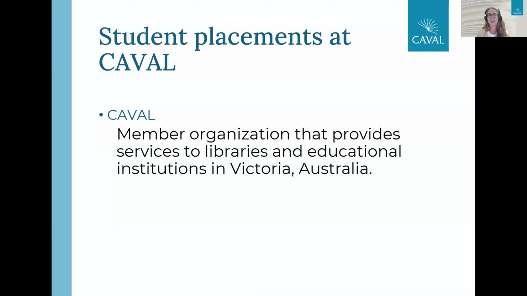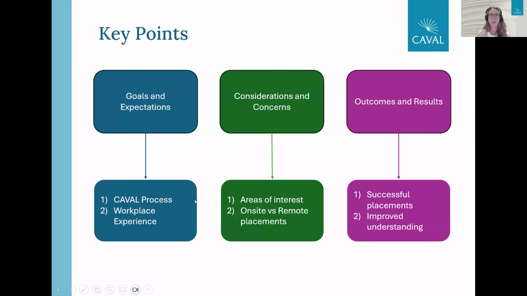So we work with educational institutions, but also public libraries, special libraries, and we really specialize in cataloging and metadata. So when we do have students come and express interest in Kaval, that's one of the key opportunities that we can offer, and we are working on different projects across the year that provide different opportunities for our students.